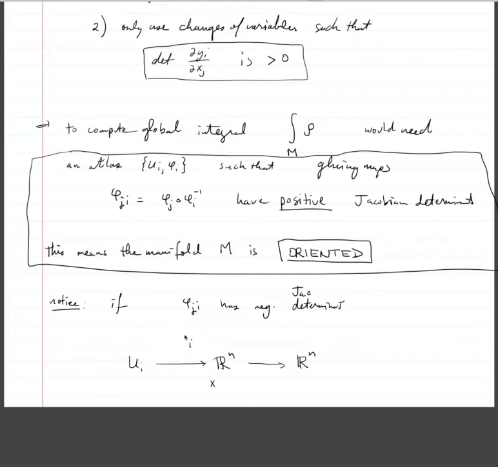So this is phi I. We're going to define a slightly modified chart, I'll call it phi I tilde, which takes the coordinates and just flips the sign of one of these coordinates. It doesn't matter which one.